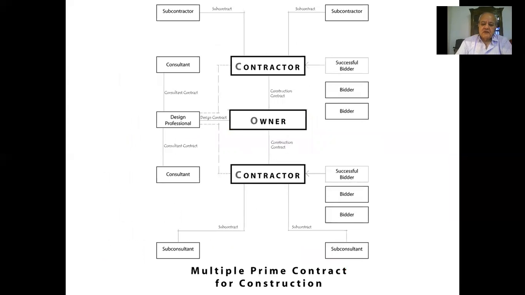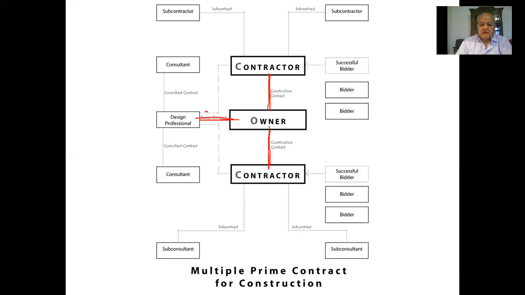If you have multiple contractors, again, the owner might have one contractor doing part of the project and another contractor doing another part of the project. And your relationship is with the owner.